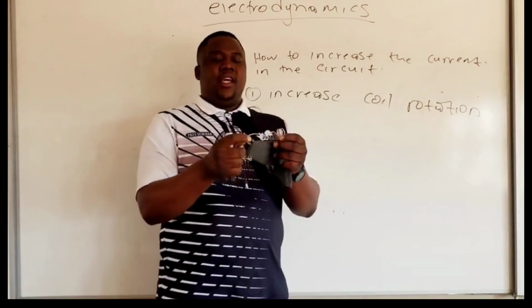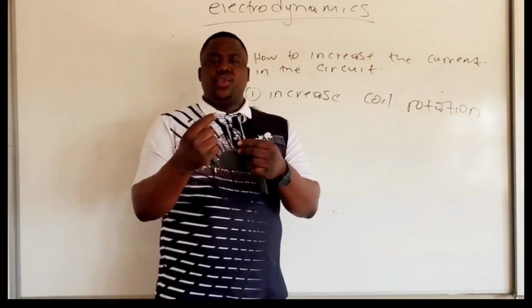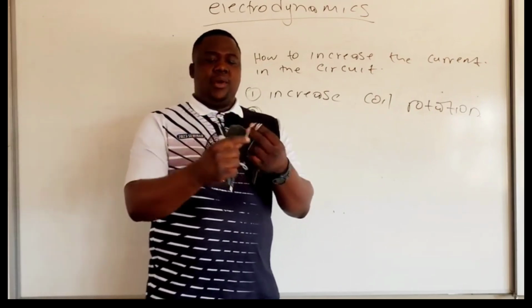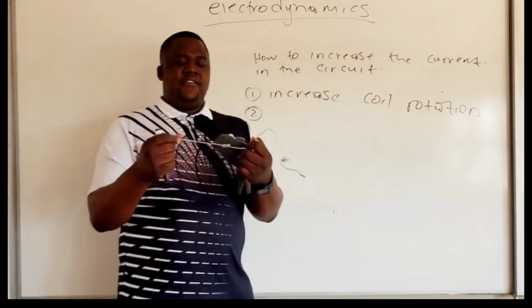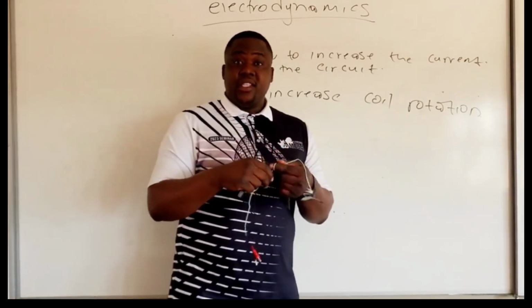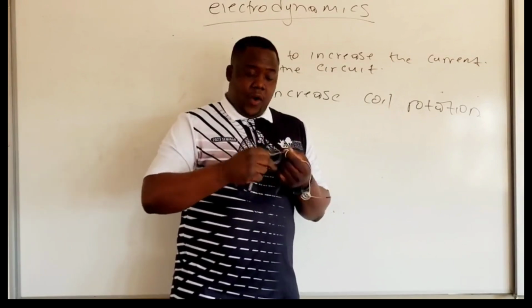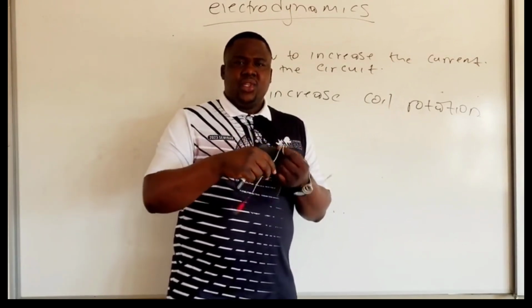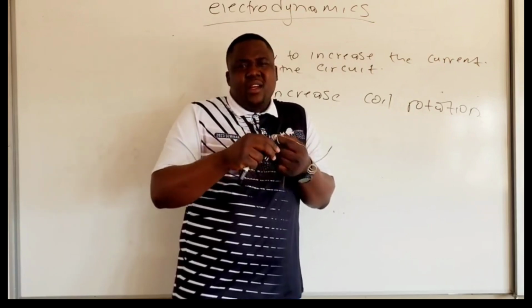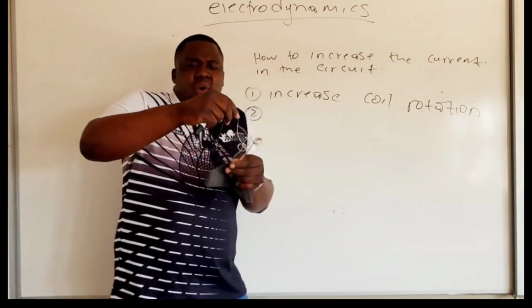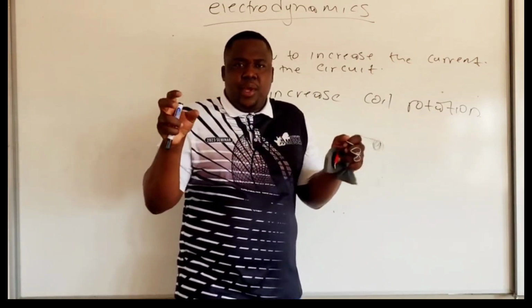When I've coiled it 4 times, it is not going to produce the same electromotive force as when I've coiled it 10 times. You can see that the area of coiling is going to increase. So when you increase this area of coiling, you have increased the area at which that voltage is going to be produced.